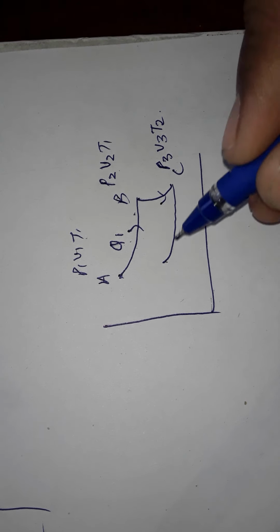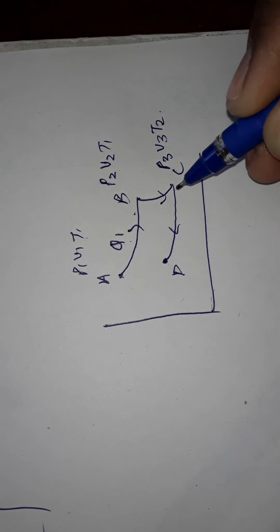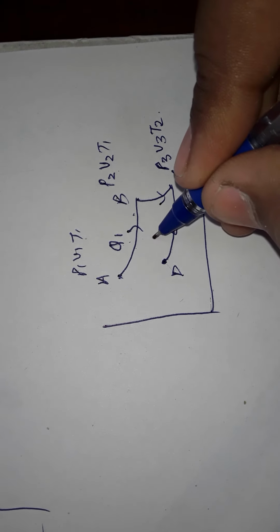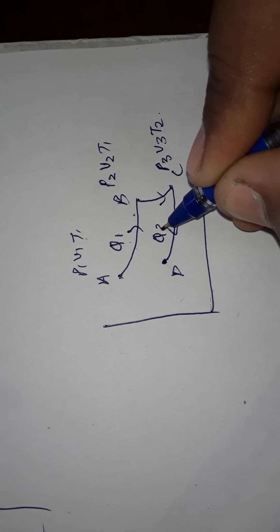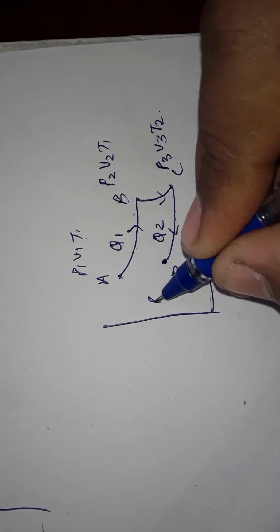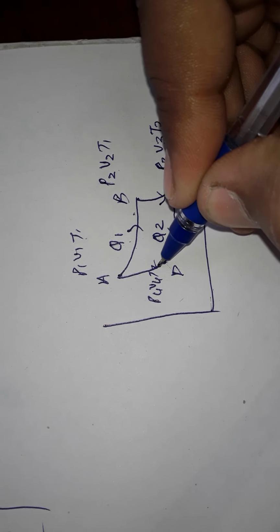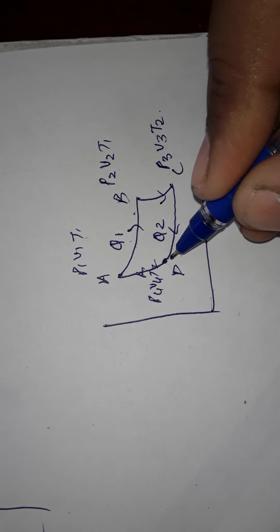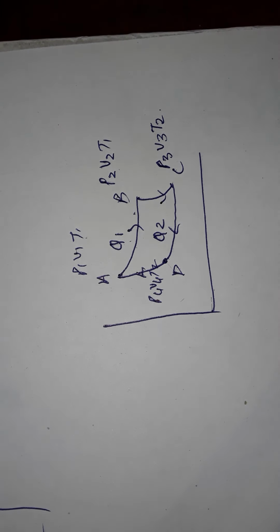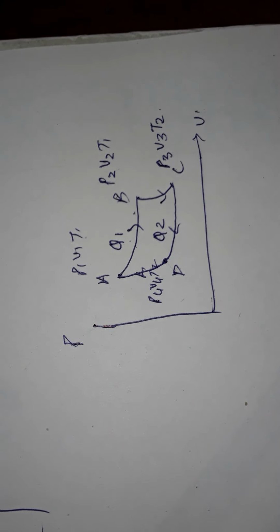Again from point D, this is isothermal compression, so the amount of heat is lost to the sink. At point D, P4, V4 and T2. And again adiabatic compression goes from point D to point A. This is the pressure and volume curve for the Carnot cycle.